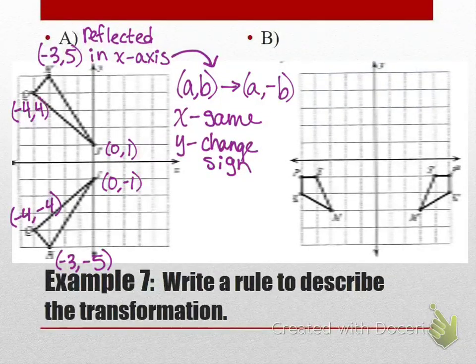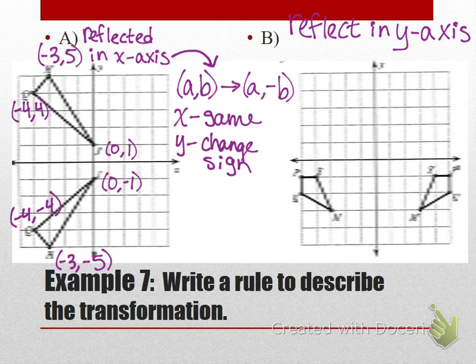Okay, on letter B, what is our line of reflection? The y-axis. So this time we're reflected in the y-axis. We don't necessarily have to go through all the points, but let's just go through a couple of them.